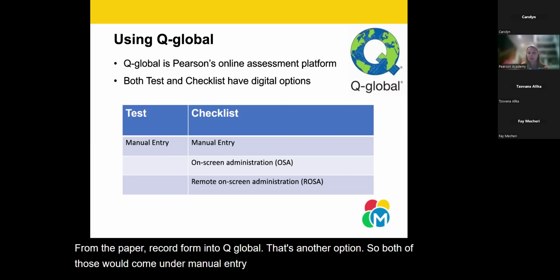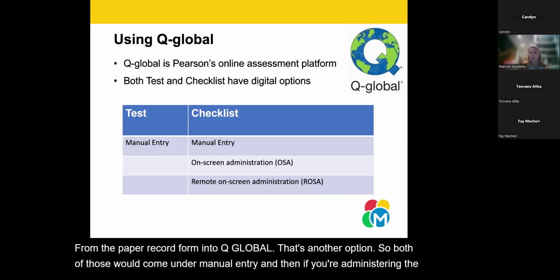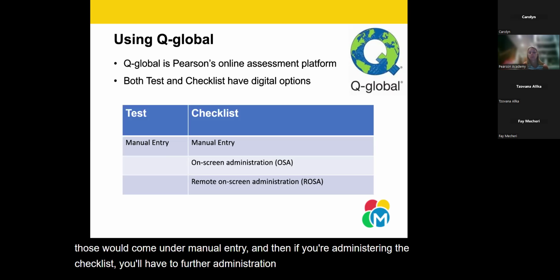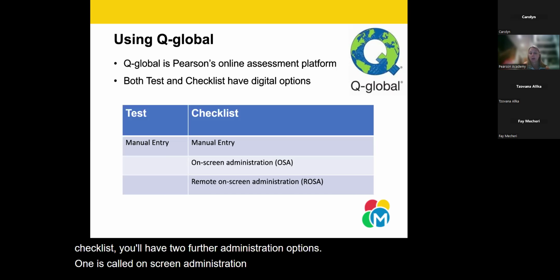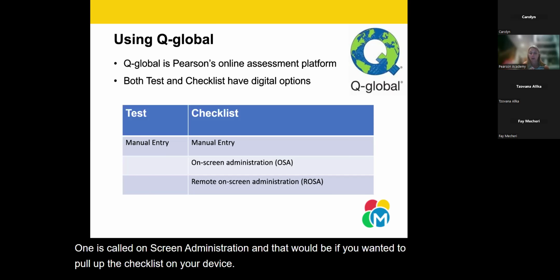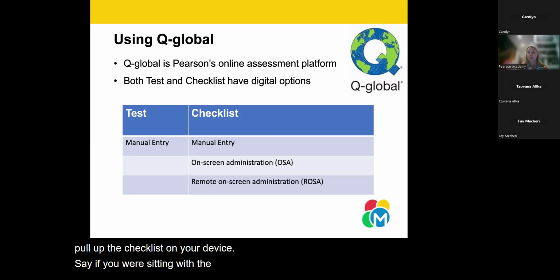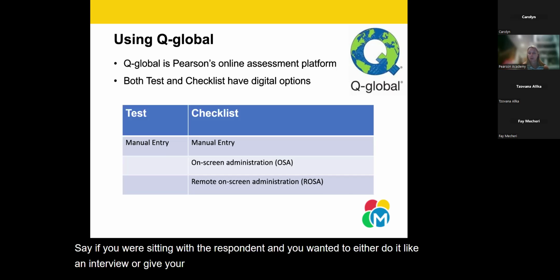And then if you're administering the checklist, you'll have two further administration options. One is called on-screen administration, and that would be if you wanted to pull up the checklist on your device, say if you were sitting with the respondent and you wanted to either do it like an interview or give your device to that person to input the data into.